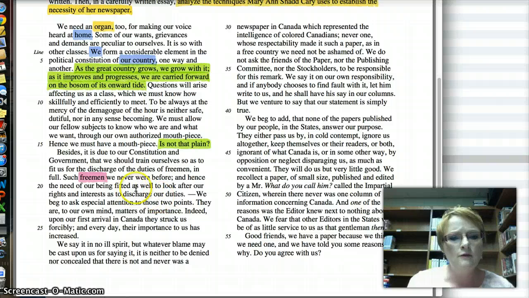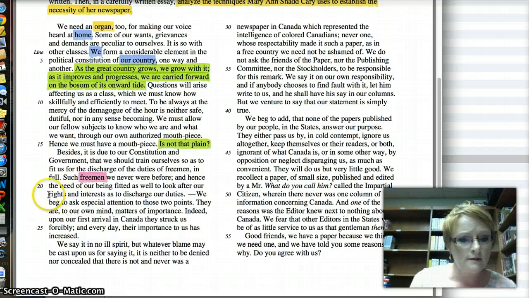"Such free men we never were before, and hence the need of our being fitted as well to look after our rights and interests as to discharge our duties." So she's putting responsibility. She's not just saying, hey, we're free, we can do what we want. She's saying we're free and we have rights and duties.